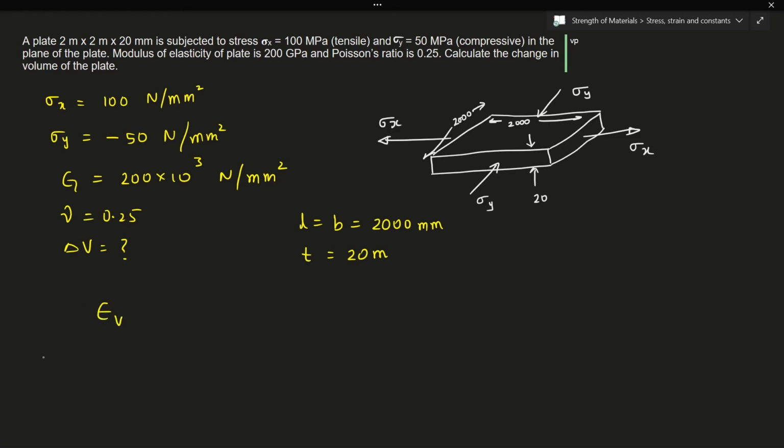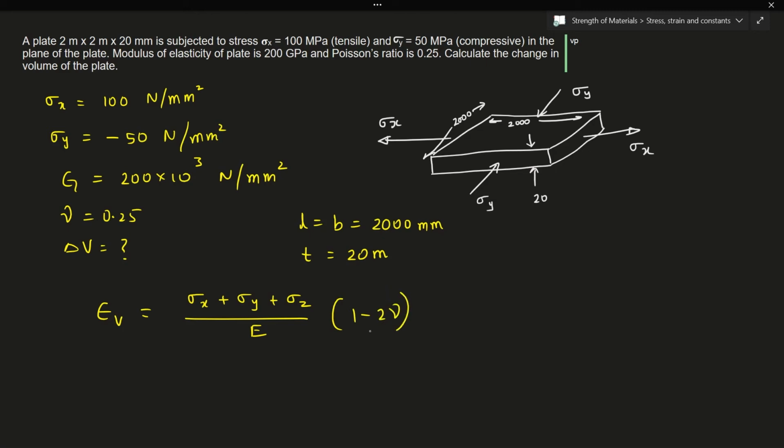So volumetric strain for a cube will be given as sigma x plus sigma y plus sigma z, whole divided by E into 1 minus 2 nu.